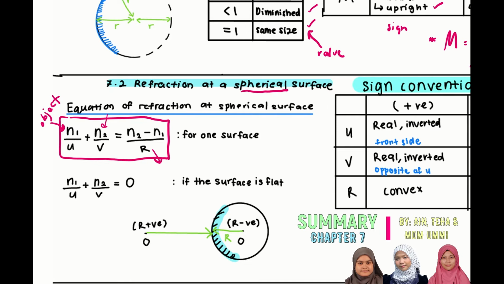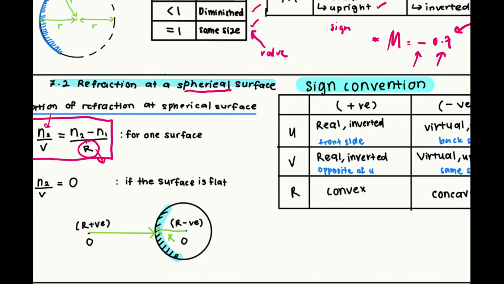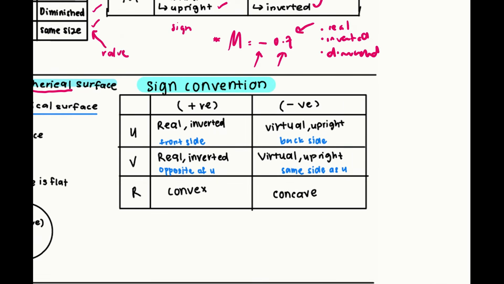The most important thing that you have to consider when using this equation is the sign convention for radius of curvature. If your refracting surface is convex, your r is positive, and if your refracting surface is concave, r is negative.